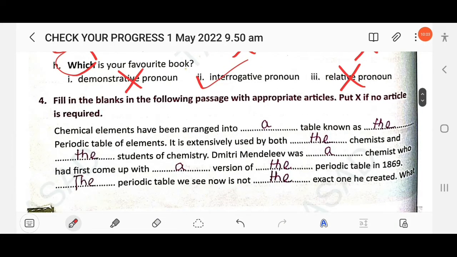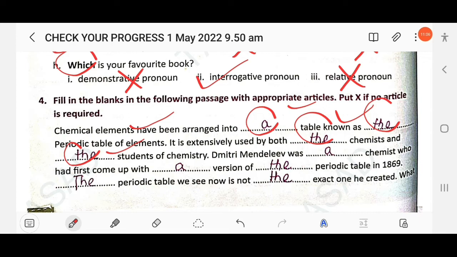Then next here, fill in the blanks in the following passage with appropriate articles. Put a cross if no article is required. So here chemical elements have been arranged into a table known as the periodic table of elements. It is extensively used by both the chemists and the students of chemistry.